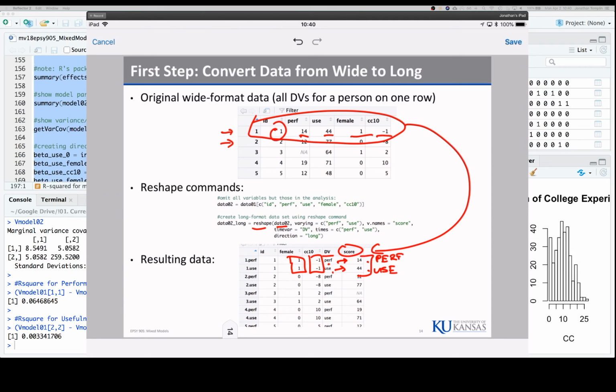We have to tell it which variables we want to be in the dependent variable column, the name of the new dependent variable, the name of the variable that labels them, and the direction it needs to go. So this type of format is sometimes called long format because the data effectively gets very, very long and narrow. Whereas this format up here is often called wide format.